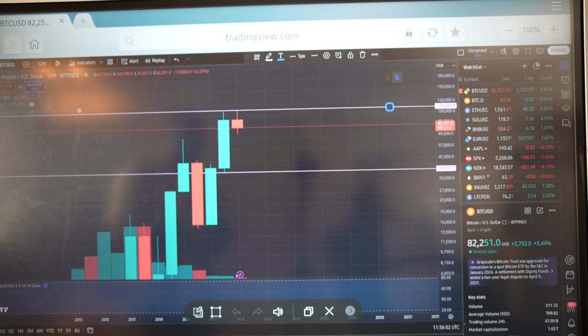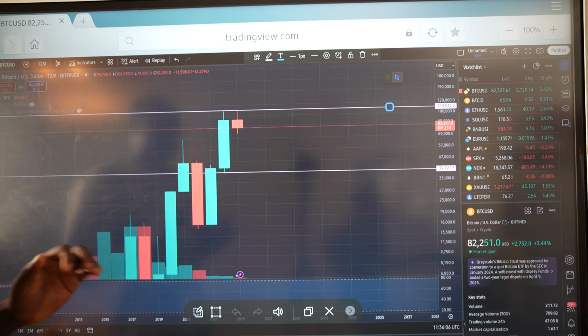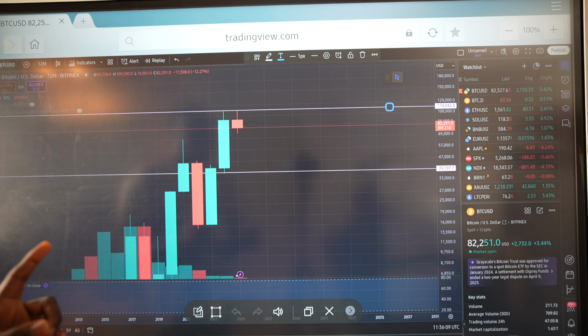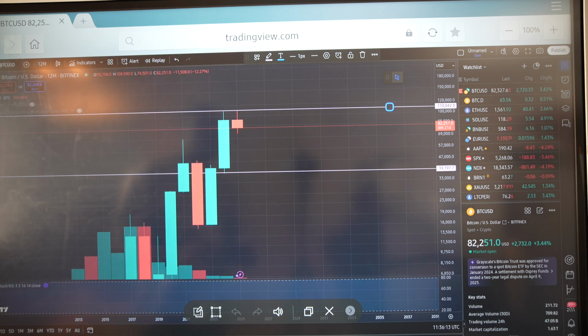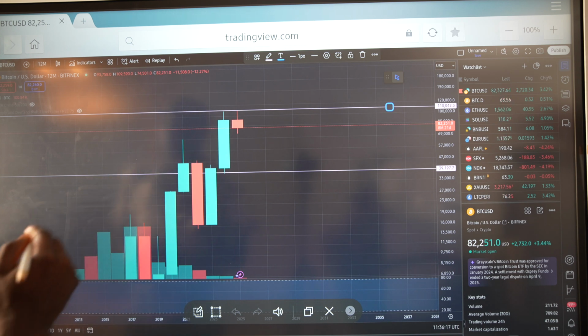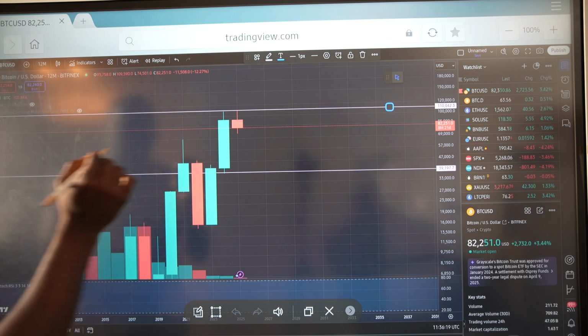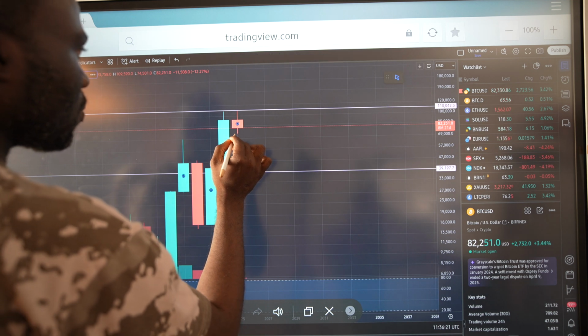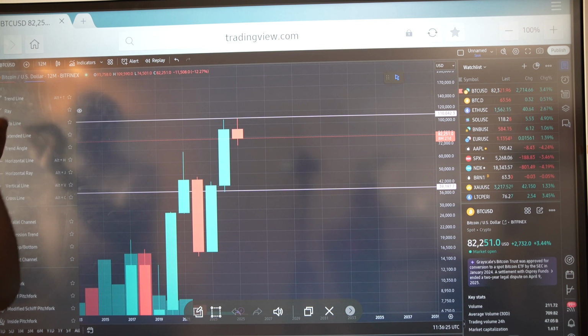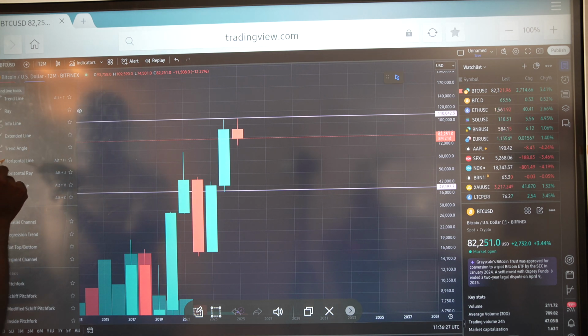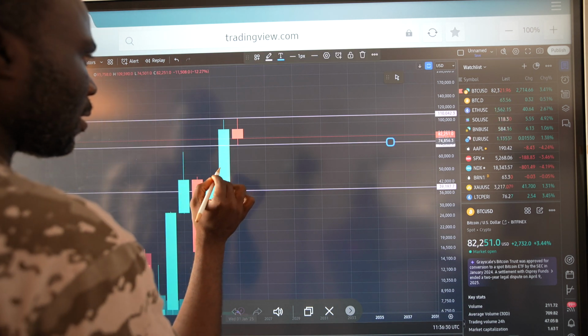Yes. Now this is very important to note because as we drill down, you'll begin to see how this all comes together and why some people will tell you this is happening or that is happening. So let me put another line there to mark this 1 year range.